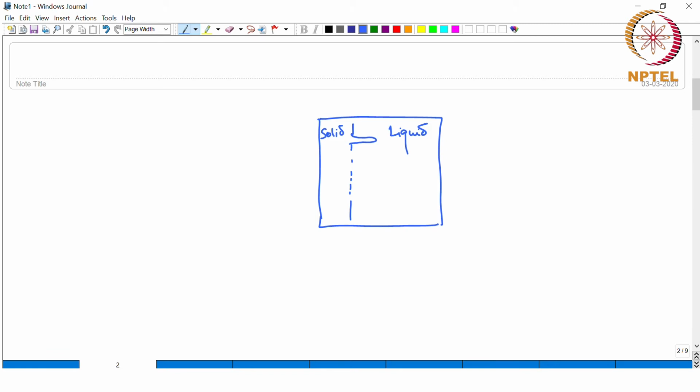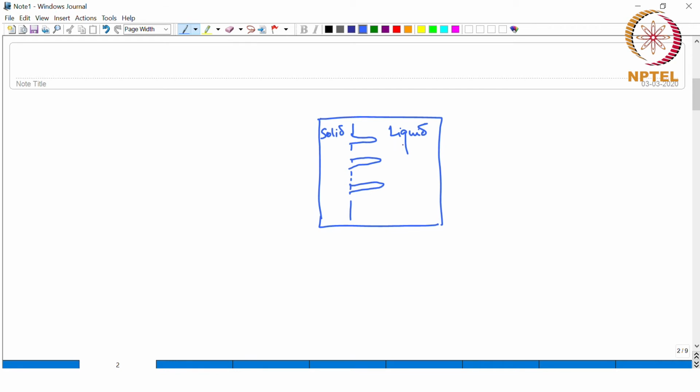And this might happen at regular intervals like this. And this kind of branch will grow from this interface, giving rise to that primary arm of the dendrite. Okay.